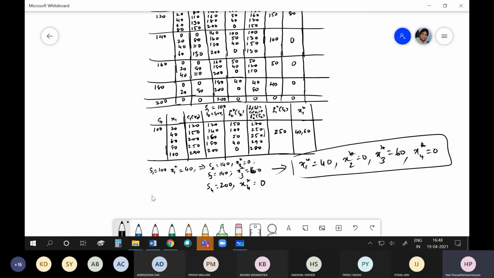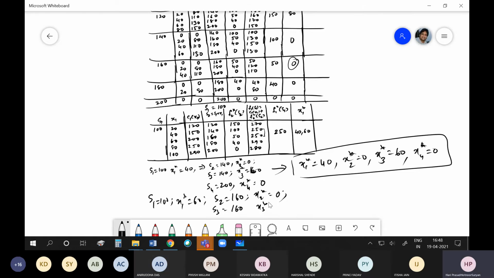But if I take X1 star as 60, so what will be S2? 160. For that 160, what will be X2 star? 0. Okay, what will be S3 now? 160.